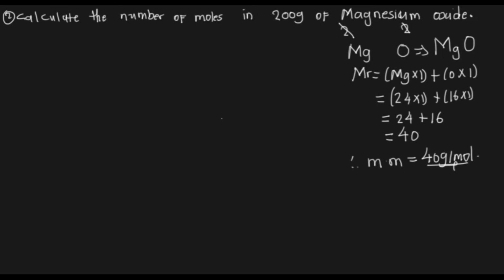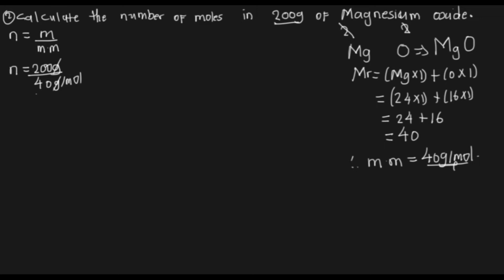Now we find the number of moles of this magnesium oxide. We say the number of moles is equal to mass divided by its molar mass. From the question we can see that the mass is 200 grams, divided by the molar mass of 40 grams per mole.